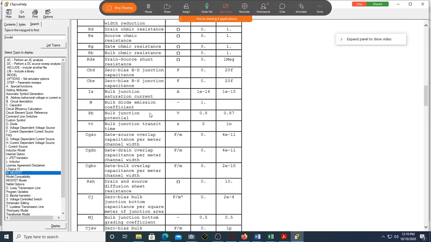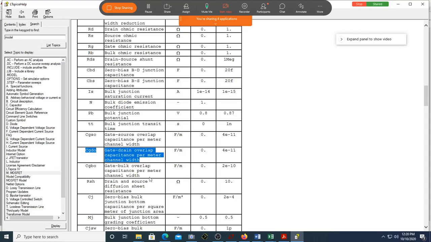Can you see this CGDO, CGSO? What is written? Gate drain overlap capacitance per meter channel width. You can see it is farad per meter. If you want to get the exact capacitance value, I have to multiply this with the channel width.